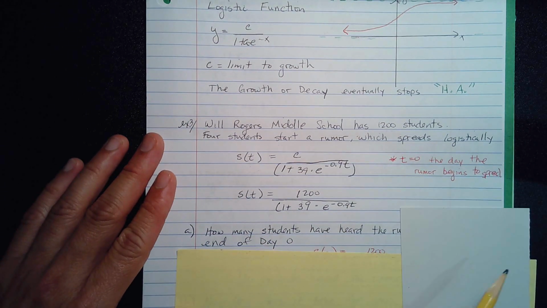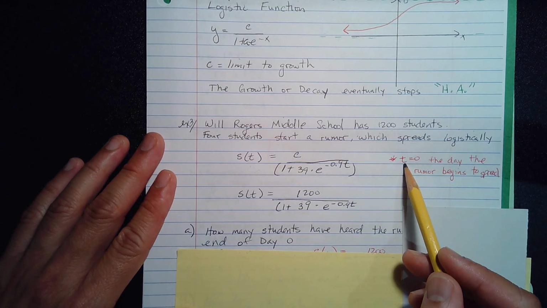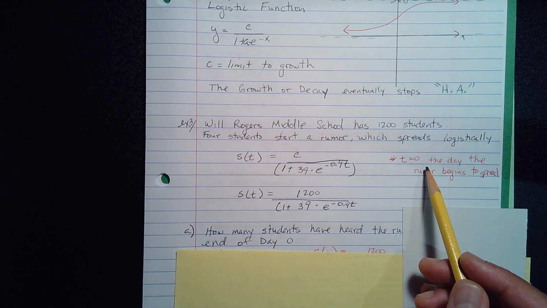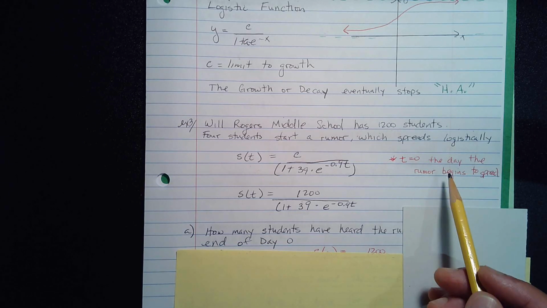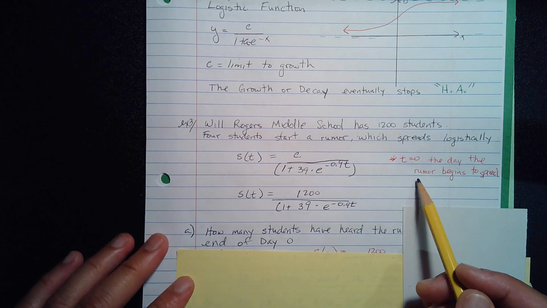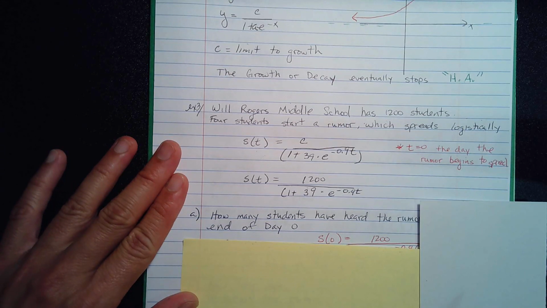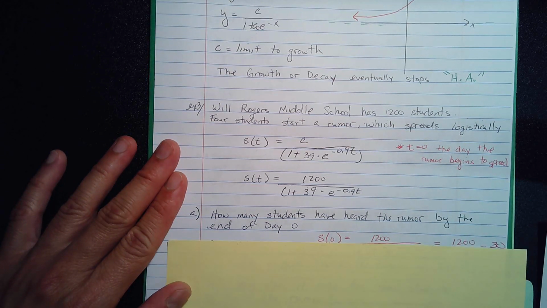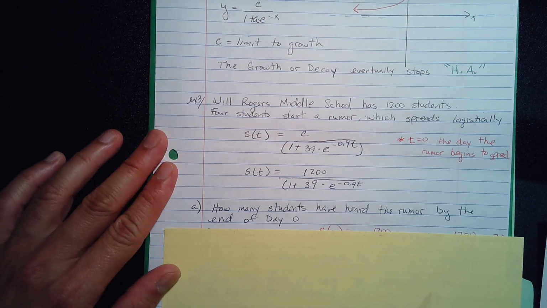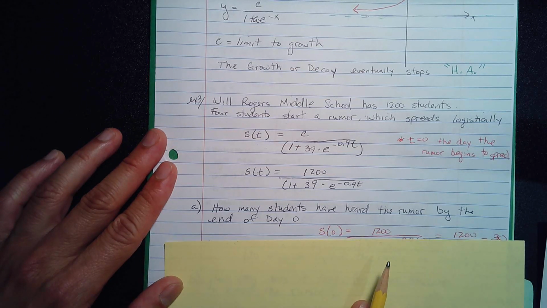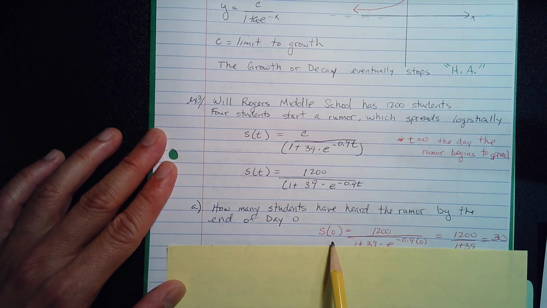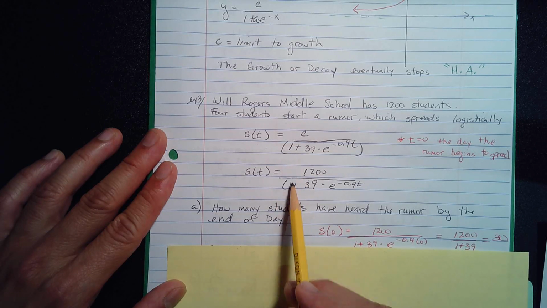answer part A. Keep in mind, when we say t equals 0, that's your first day, the beginning day of when the rumors started to spread. Okay, so how many students have heard the rumor by the end of day 0? Well, that's t equals 0, so substitute 0 where we see a t.